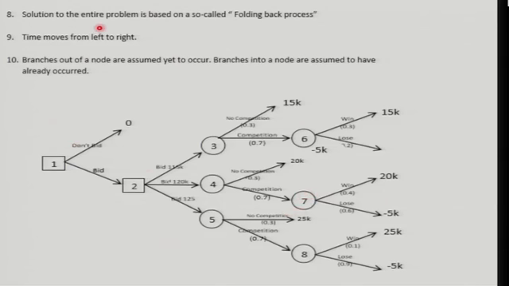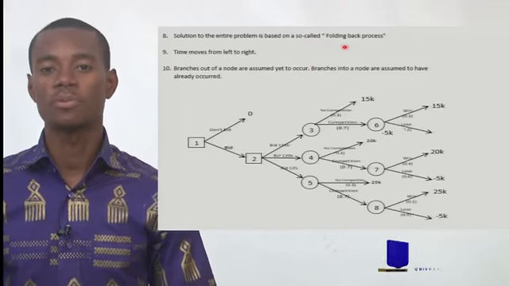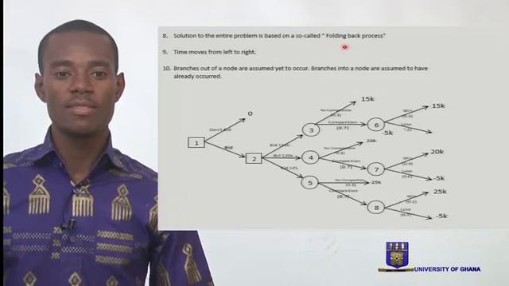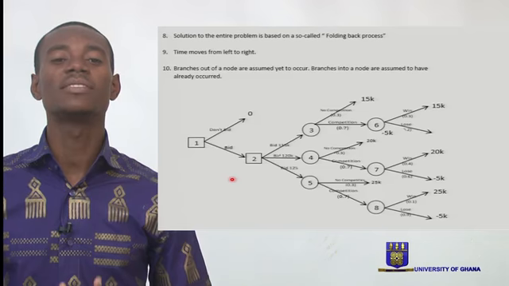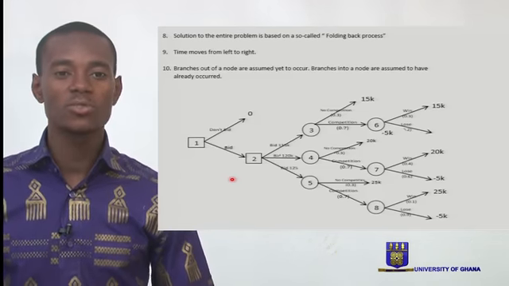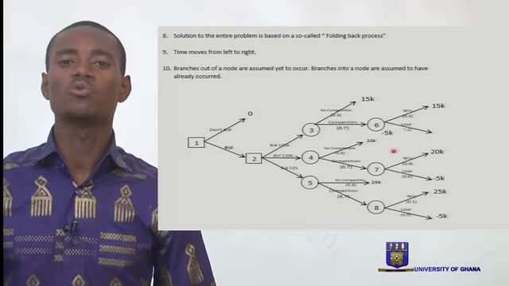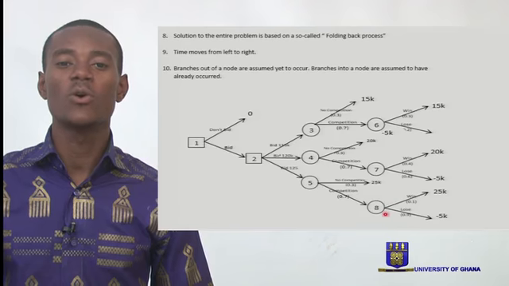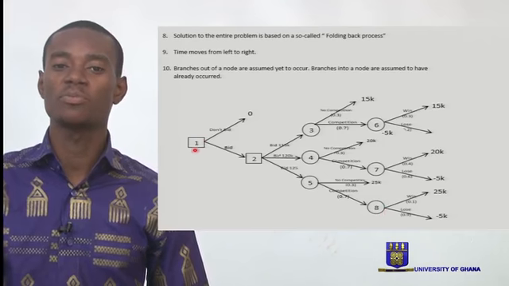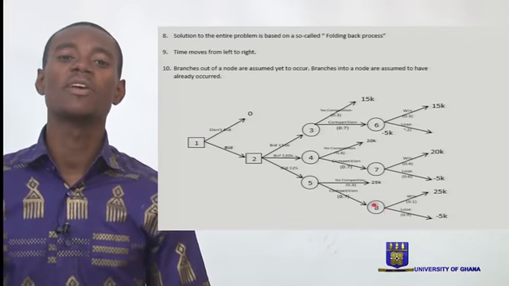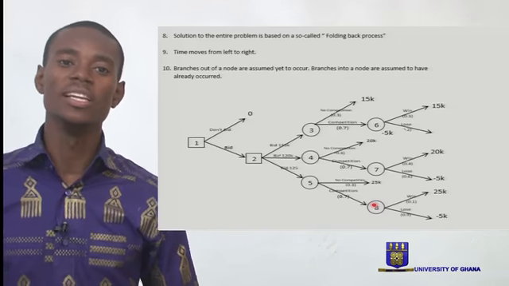Now, it says that the solution to the entire problem is based on an approach called the folding back process. Now, think about it. This is a tree. In trying to evaluate this to decide on the final decision to make, to solve that main problem, we would have to chop these branches or fold them back gradually until we arrive at the final decision at point 1. The folding back is done from right to left, or from the highest node to the least node.